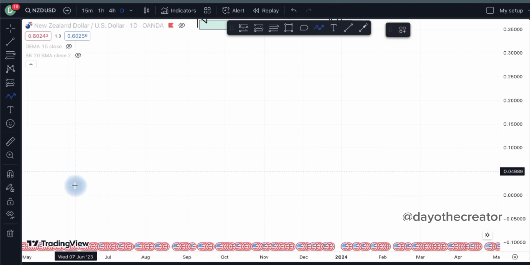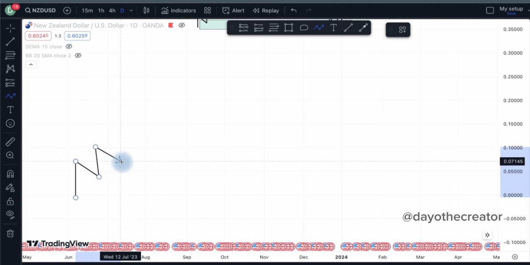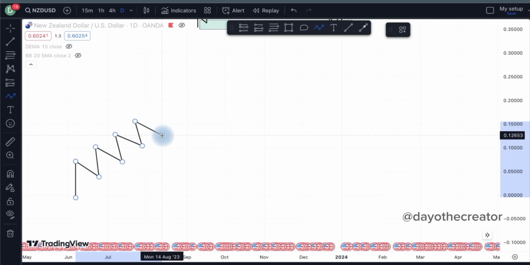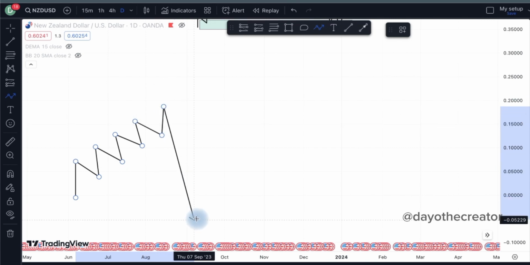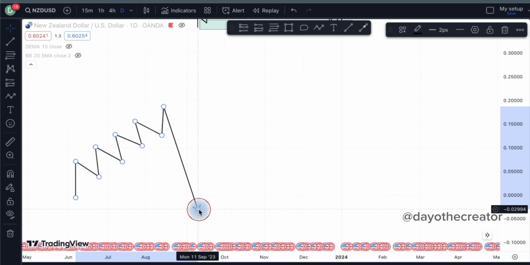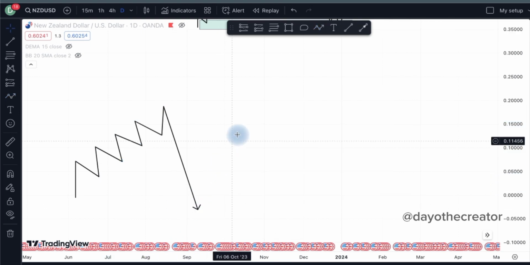So we have trend line liquidity, which is, as we all know, the trend line, as the name implies.